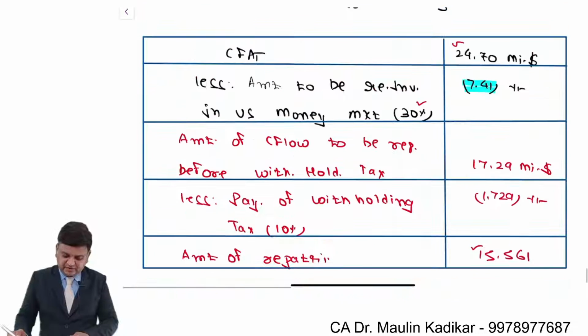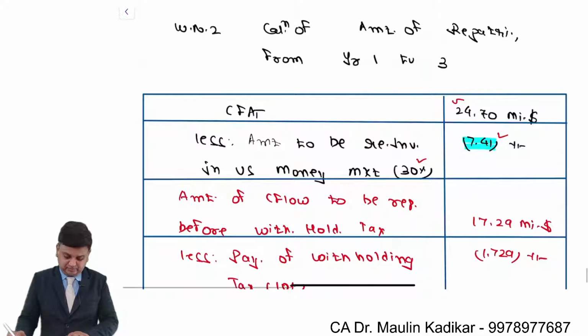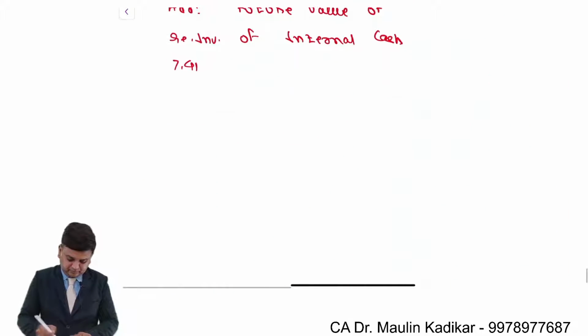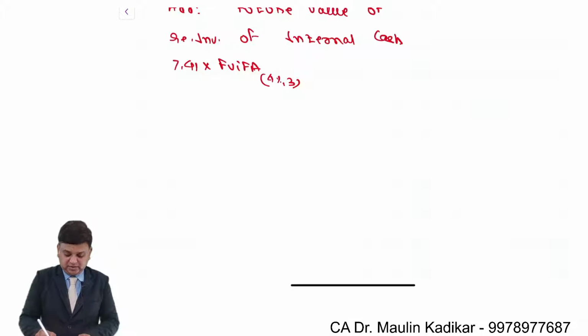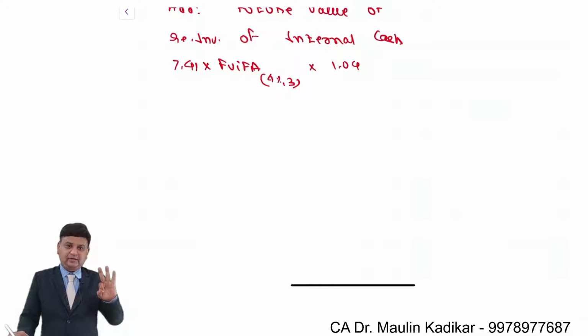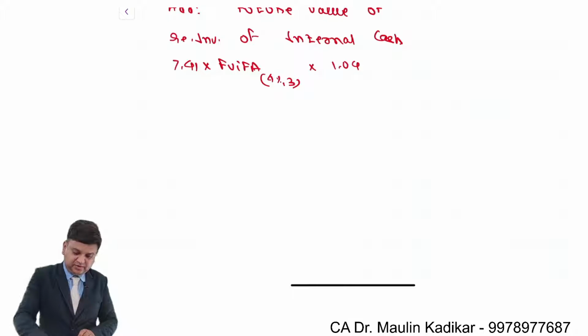That is the amount which we have reinvested every year into FEIFA at the rate of 4% for 3 years into 1.04. First of all, it is compounded to third year end, and then it is once again compounded for one more year. So (1.04^3 minus 1) divided by 0.04.